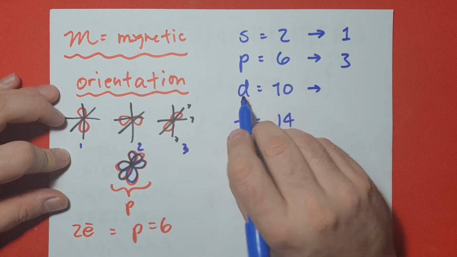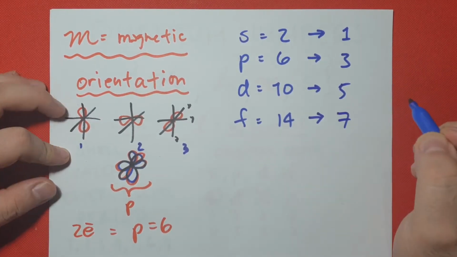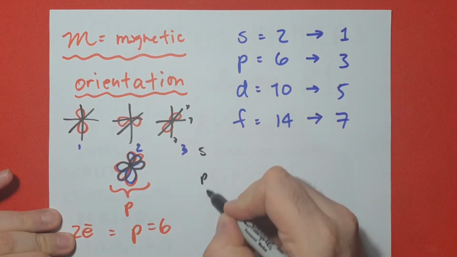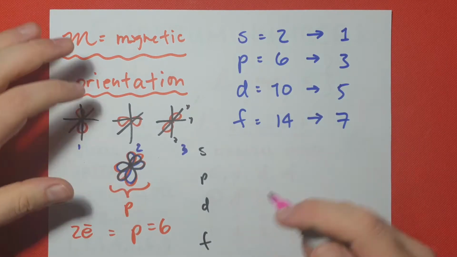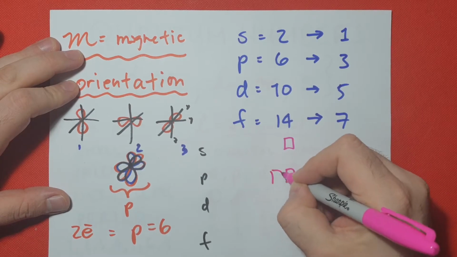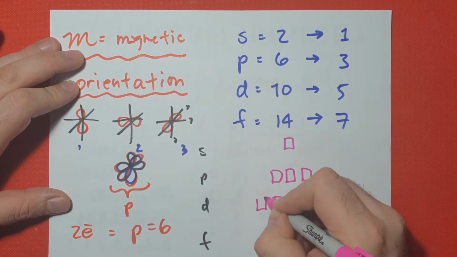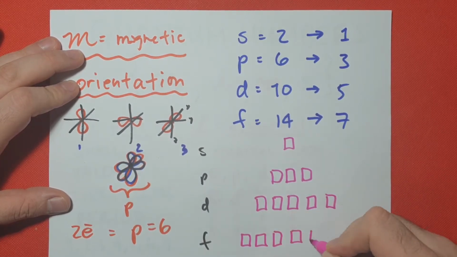And that means that for D, there are 5 orientations. And for F, there's going to be 7 orientations. So in this case, we can draw a little diagram. And we can say, if we're S, P, D, and F, our orientations are going to be these little boxes that I'm going to draw, right? So 1 orientation, P has 3 orientations, D has 5 orientations, and F is going to have 7 orientations, right?